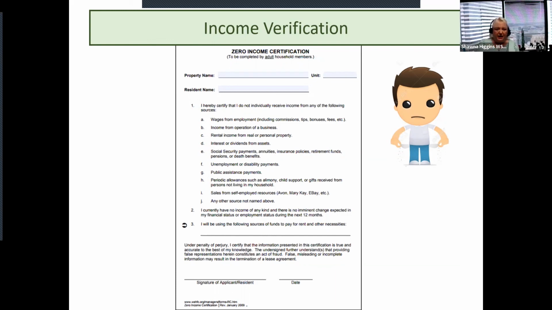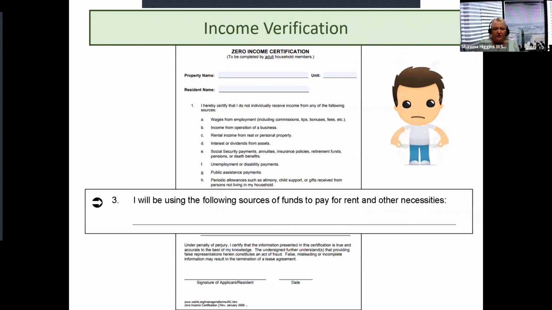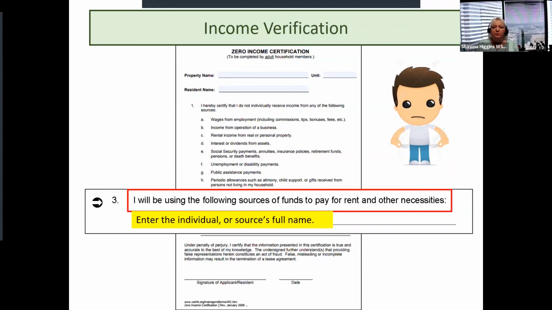And the one thing you're going to want to do is question number 3, it's saying what following sources of funds they're going to use to pay rent and other necessities. You're going to want them to put the individual's name, not mom, dad, because we want to make sure that other person lives in that household. Because if they don't live in the household, then that's going to be gift income. So definitely make sure to get the source's full name.